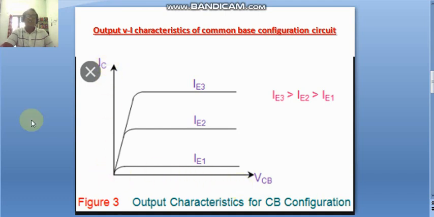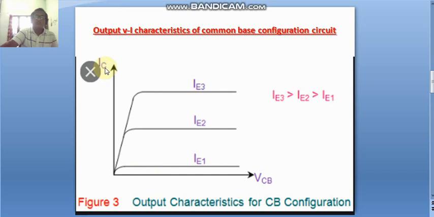We are taking the VI characteristic curve. Actually, this is common base. Here it represents common base. We are taking the voltage between base and collector versus the current in the collector, because we are taking output between the terminals of base and collector.